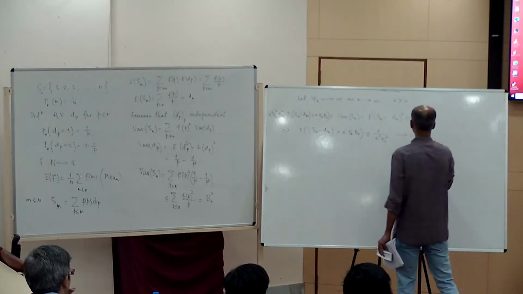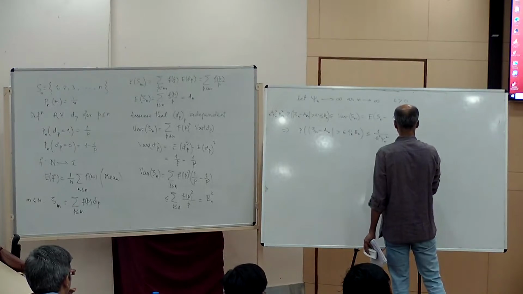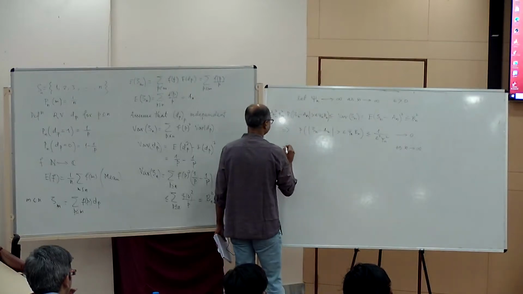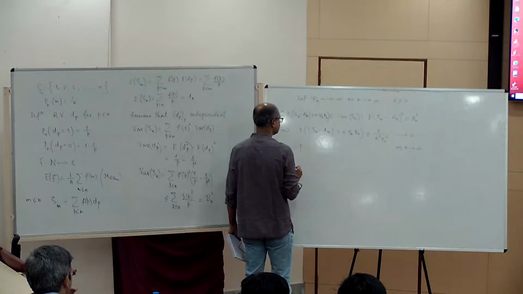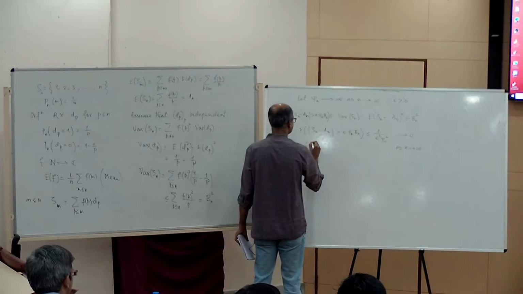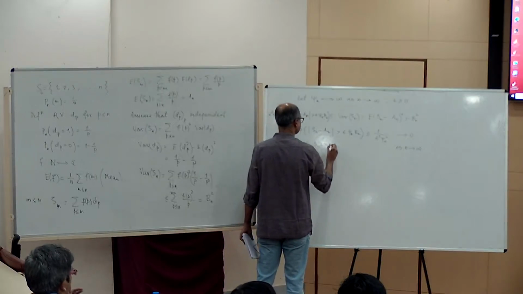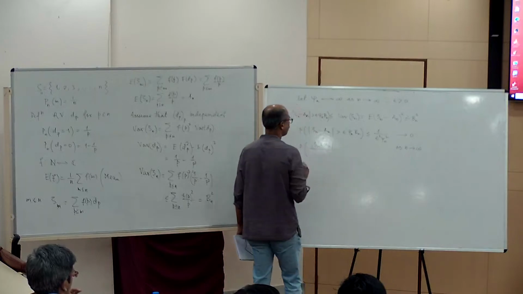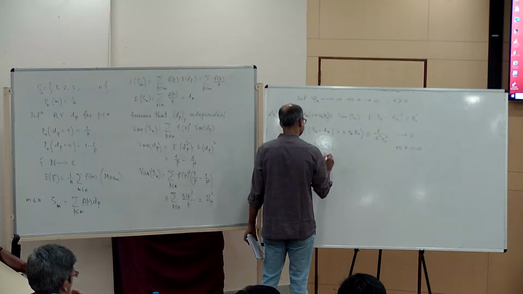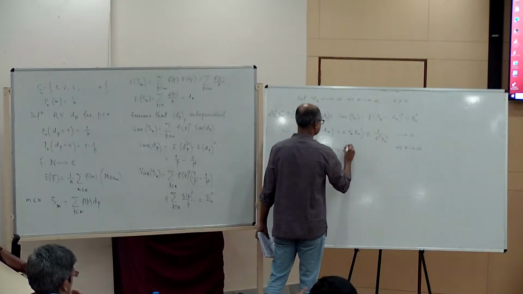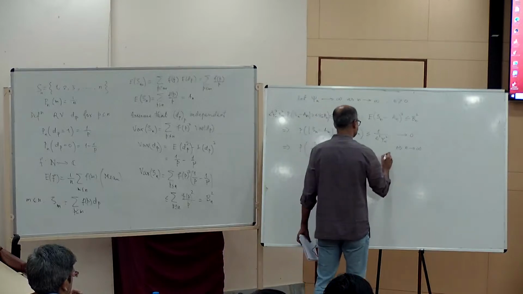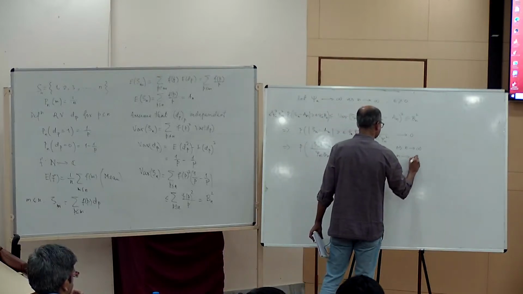So the probability of zeta n minus a n over psi n b n greater than epsilon goes to 0 as n goes to infinity.